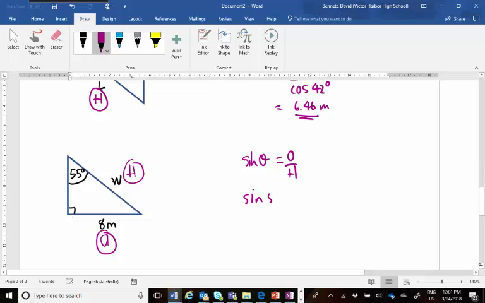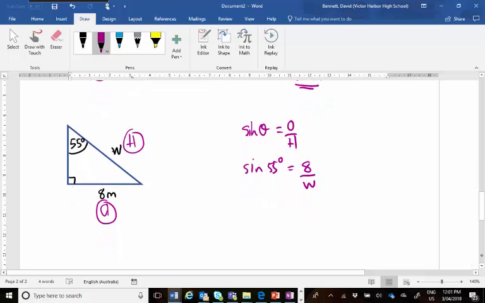Sine of 55 degrees equals opposite, which is 8, over my W. That's what I'm solving for. Again, if you want to do the process in two steps, you can. I'm going to go unknown W is equal to 8 divided by sine of 55 degrees.